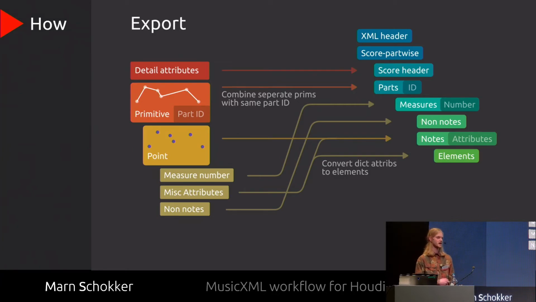You can just compare the input and output files and see where there are any changes or differences that you need to fix with your scripts. Finale also has very verbose import errors, which helped me during development to figure out exactly which order to use. And the documentation of MusicXML has also been very helpful.